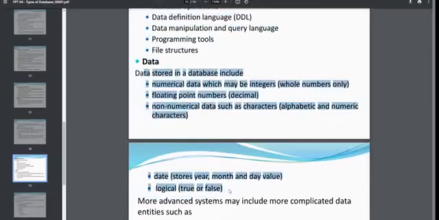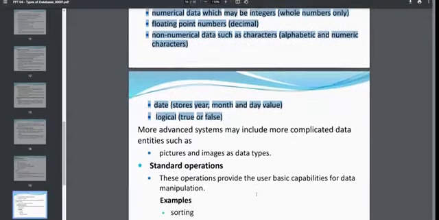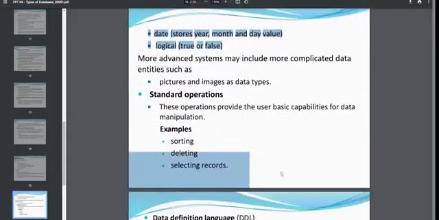We already know them. When inserting a record, you have to define the data type or other attributes of the data. Now, standard operations. When you have multiple records in a database, you can perform very common operations like sorting, deleting, and selecting records.